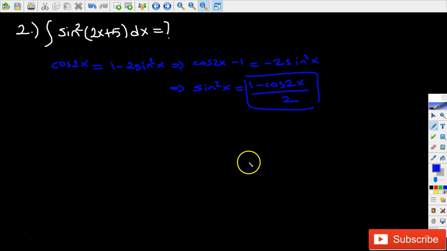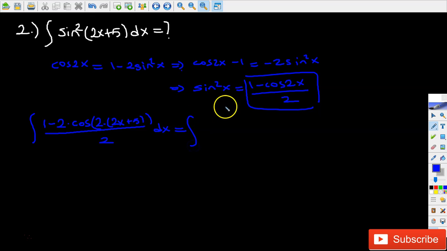So this is going to be my replacement for the original integral. If I take this replacement and plug it back into the original function for sine squared x, my original integral will turn into 1 minus cosine of 2 times, in this case, for x, I'm going to replace it with 2x plus 5. So the cosine of 2 times 2x plus 5, divided by 2 dx.